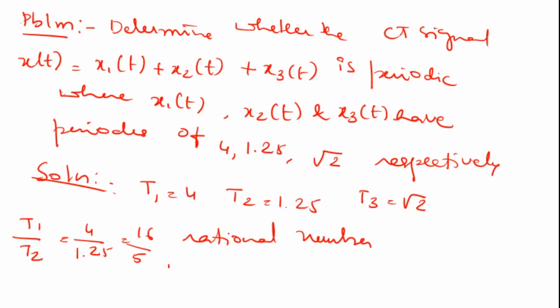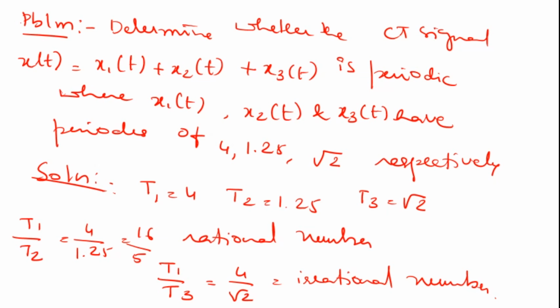Then T1 by T3 is equal to 4 divided by root 2, which is an irrational number. Therefore, the signal x of t is non-periodic.